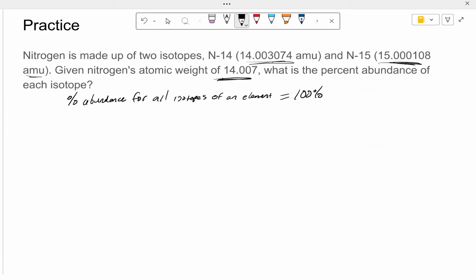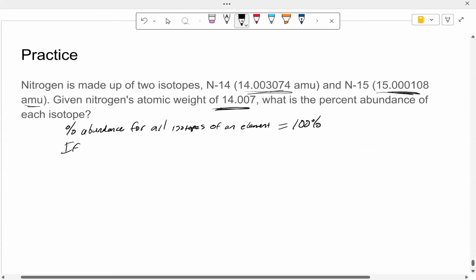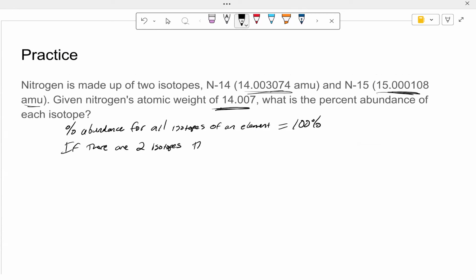Now, if you look at this, you're thinking, well, I'm going to have two unknowns because I have two isotopes. We're going to make this really simple on ourselves and keep it to one unknown. Because if there are two isotopes, then make one of them X and the other 1 minus X. I know it's kind of confusing.